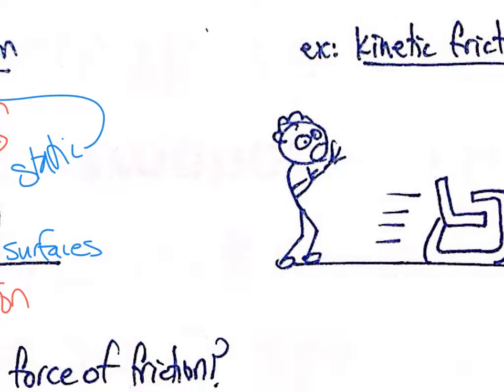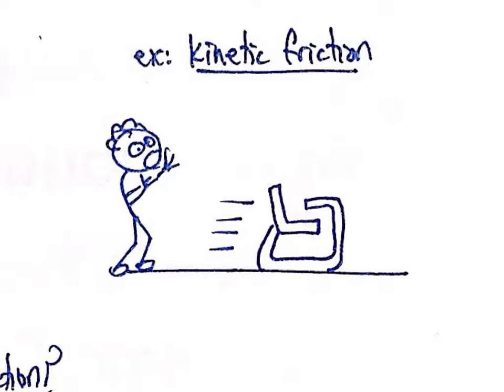If the two surfaces are moving relative to one another, so here, teacher's been working out, draw some muscles in there, and the teacher pushes on the desk, and the desk slides along the floor. As the desk is moving, it has some forward momentum. This is not a force, it's momentum, which we will talk about in great detail.